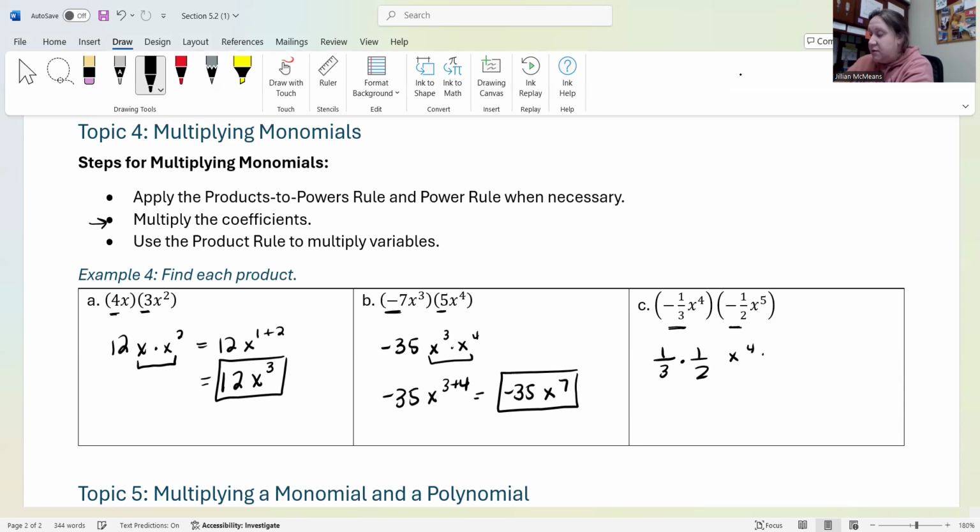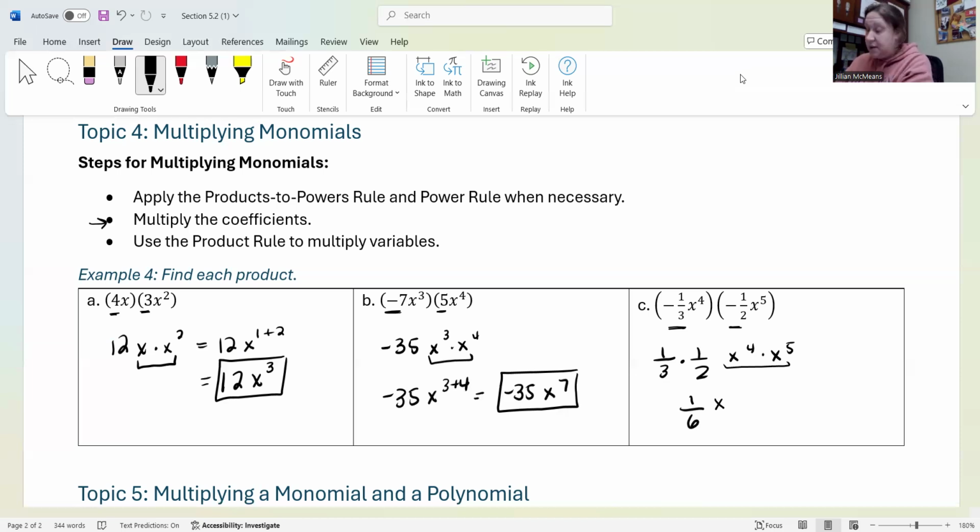I then have x to the fourth times x to the fifth. Well, 1/3 times 1/2, I can just multiply straight across. 1 times 1 is 1. 3 times 2 is 6. So I know I'm going to get 1/6 times something. Well, here I have a product rule that needs to be applied. I have x to the fourth times x to the fifth. So I'm multiplying two things that have the same base.